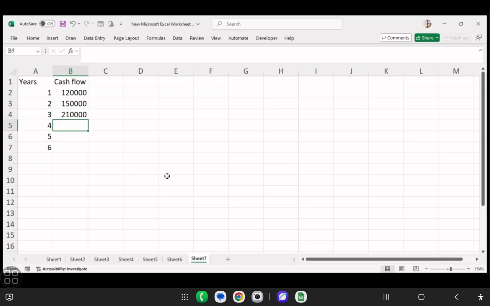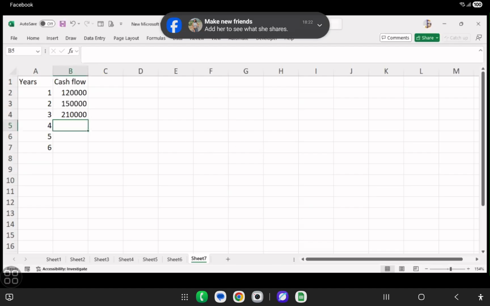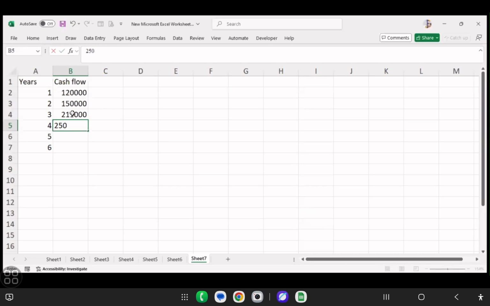Then 150, oh, 200, 250. This was 200, 200. This one was 250. The other one was 300, 360. Like that.